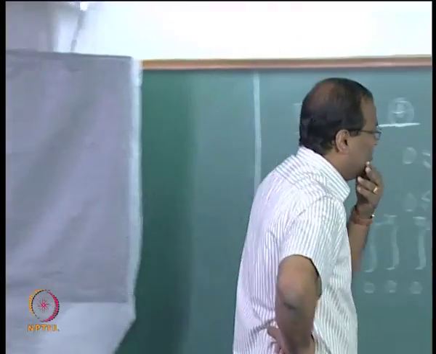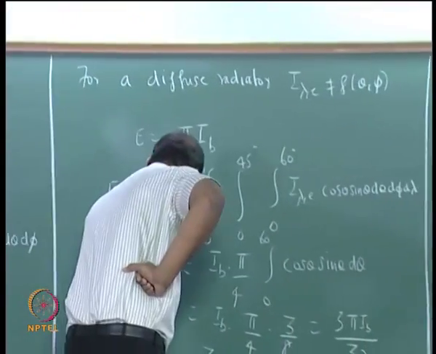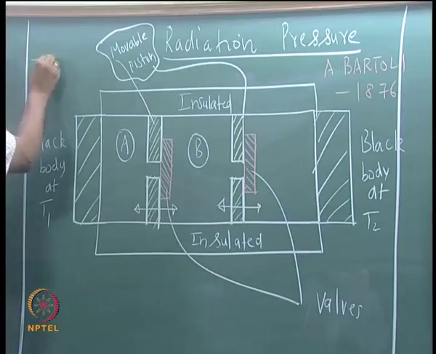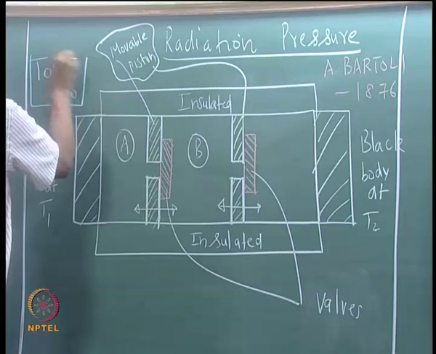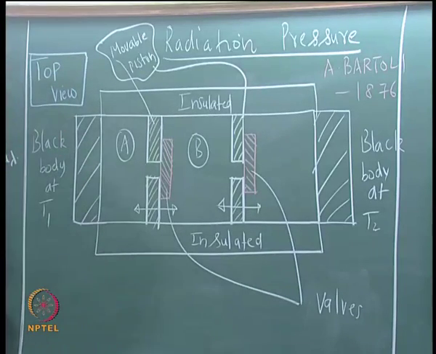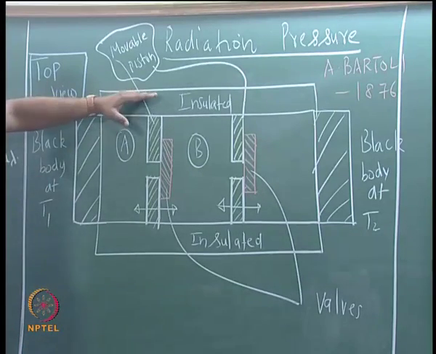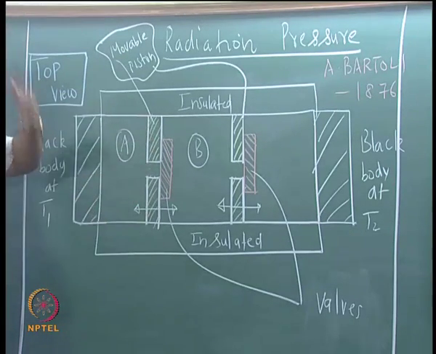This is the top view, so please remember, this is the top view of Bartoli's thought experiment. It is a cylindrical chamber, okay. So it is a cylindrical chamber which is insulated on its periphery, so it is like this, okay.